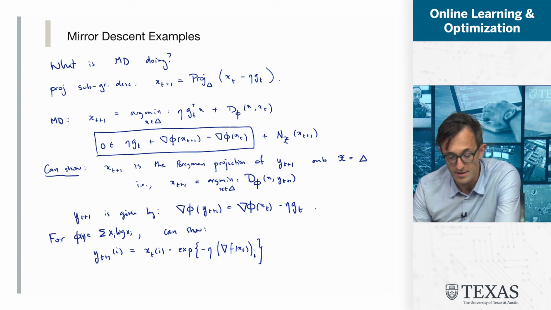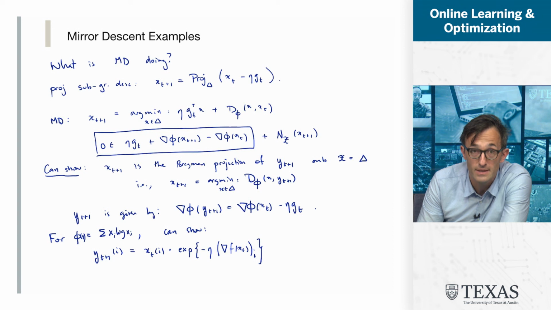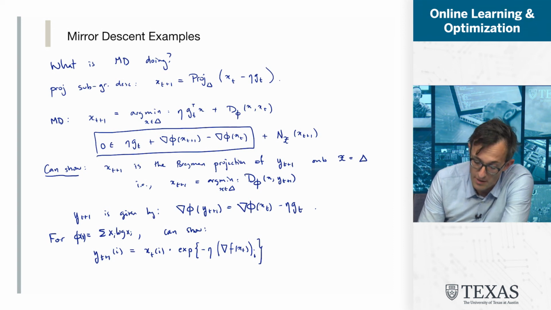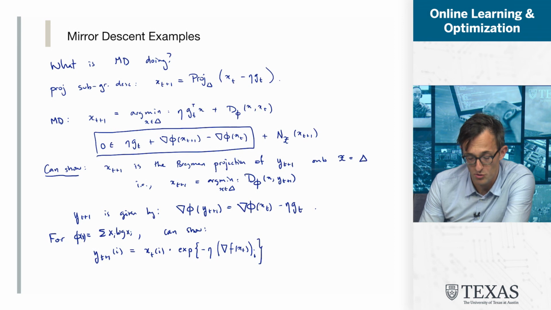If the gradient is negative, then we should increase. So again, how am I getting that? I'm looking at what is inside the exponent. The argument of the exponent is minus eta times the gradient. If the gradient is positive, I have minus eta times a positive number. So e to the minus positive means that I'm making it smaller. I'm multiplying by something less than 1, so I'm shrinking.